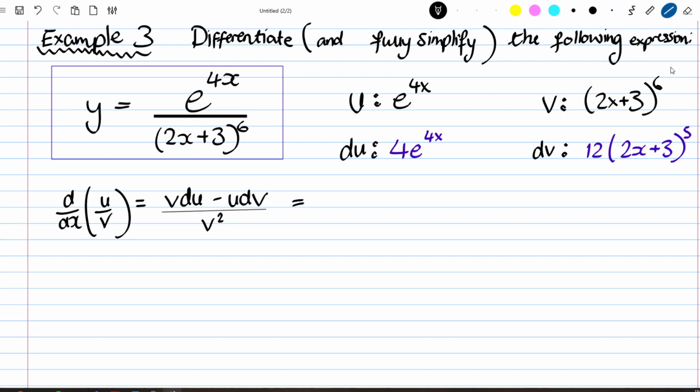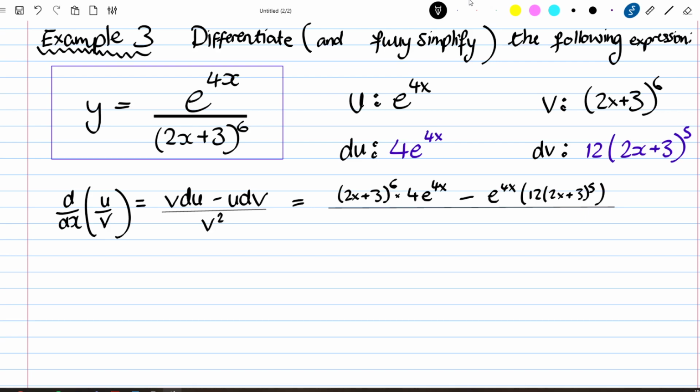So in this case, we are going to have v, which is (2x plus 3) to the 6, times du, minus u dv, and the bottom is going to be (2x plus 3) to the power of 6, squared.